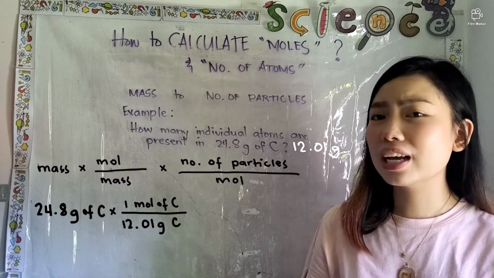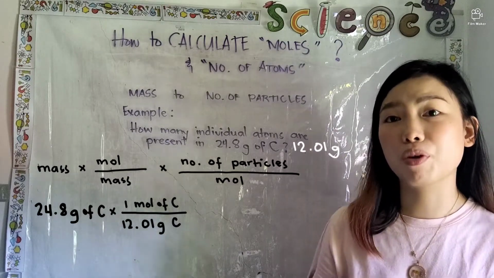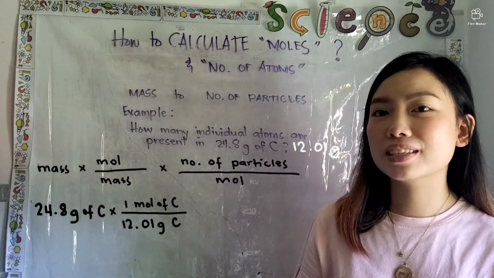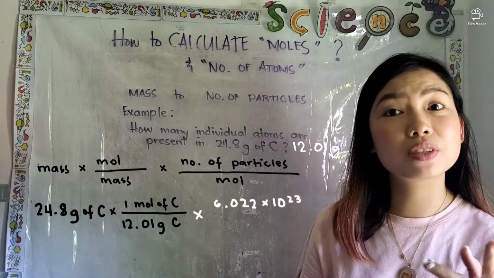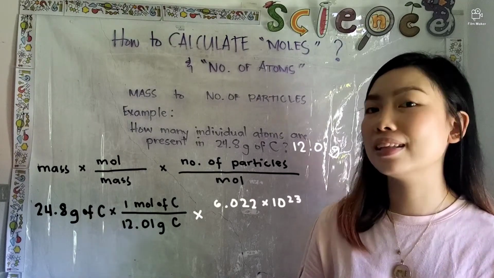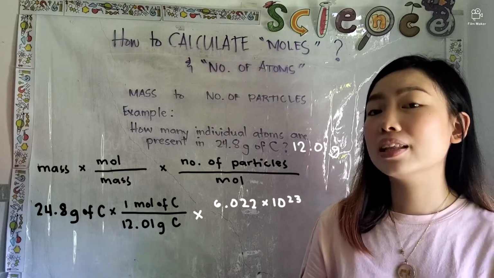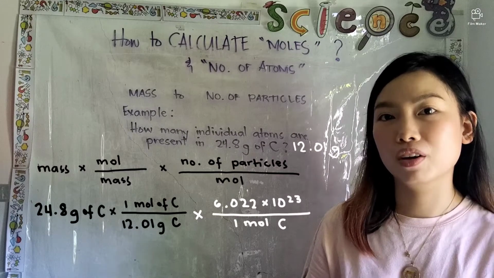Then, the answer, idiretso mo na into conversion of mole to number of particles. So, we'll have number of particles divided by mole. So, the number of particles is referring to 6.022 times 10 to the 23rd power atoms divided by 1 mole of carbon.